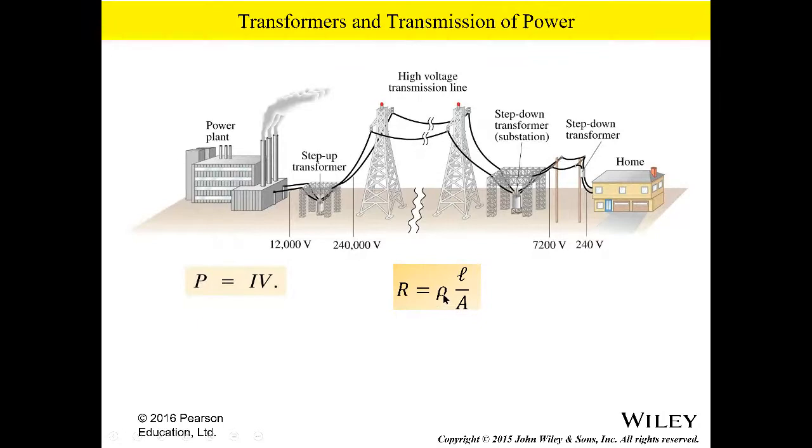And then they say, I have already chosen copper, so rho is fixed for me. Now, our mission is to reduce this resistance. Therefore, we have to make sure that this A is thick, not thin.